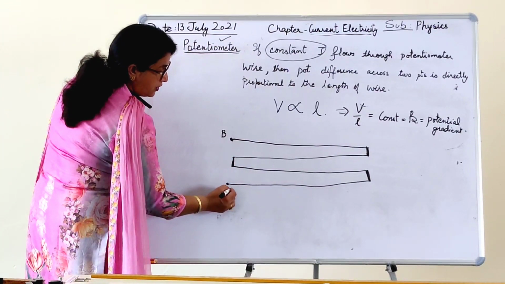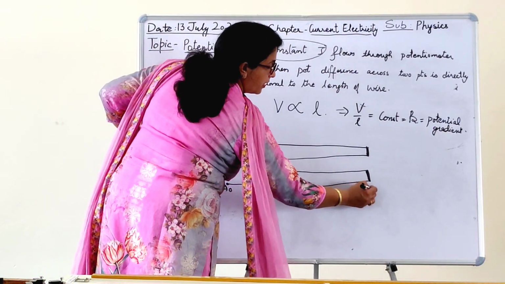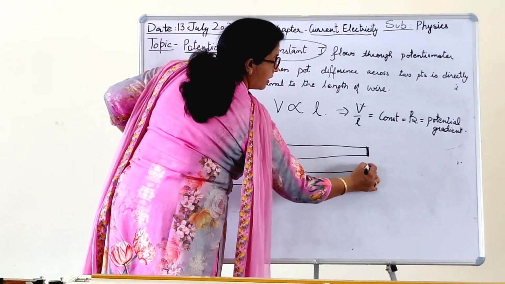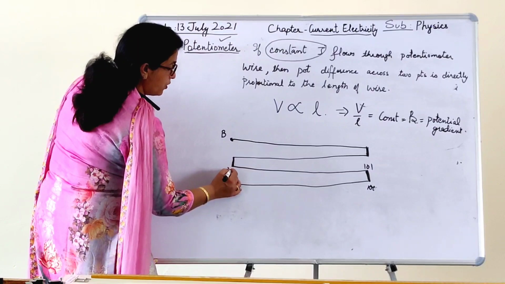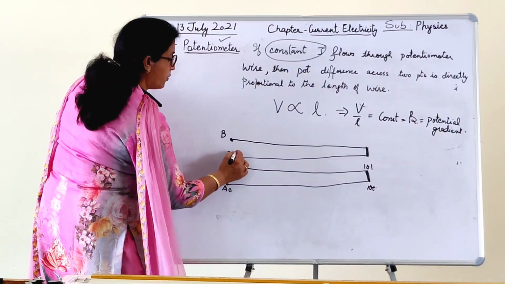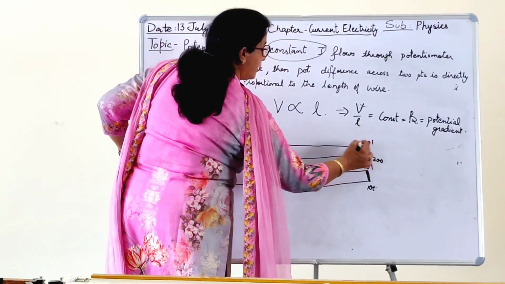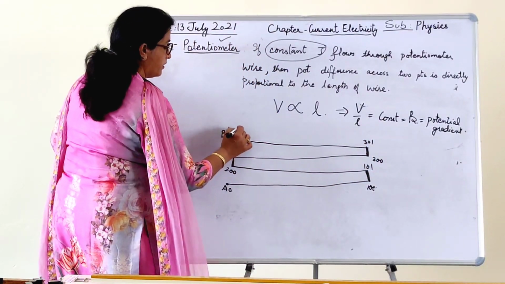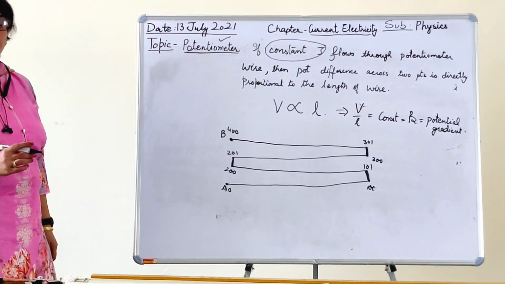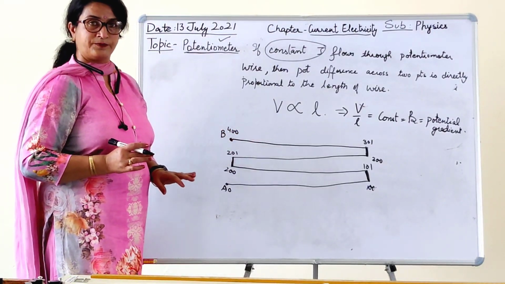So 0, this will be 100 centimeter, 101 to 200, 201 to 300, and 301 to 400. So the total length of the wire is 400.